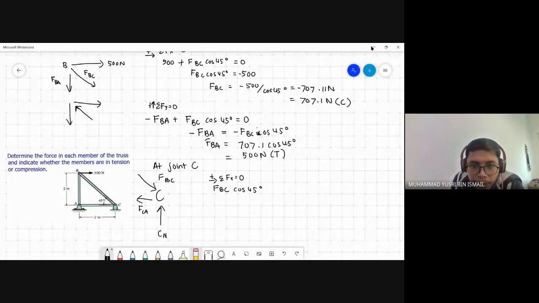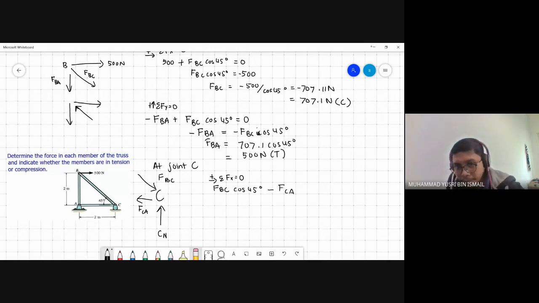Then FBC cos 45 degree minus, okay, it's moving to the left, so minus FCA. Okay, what else? That's all.